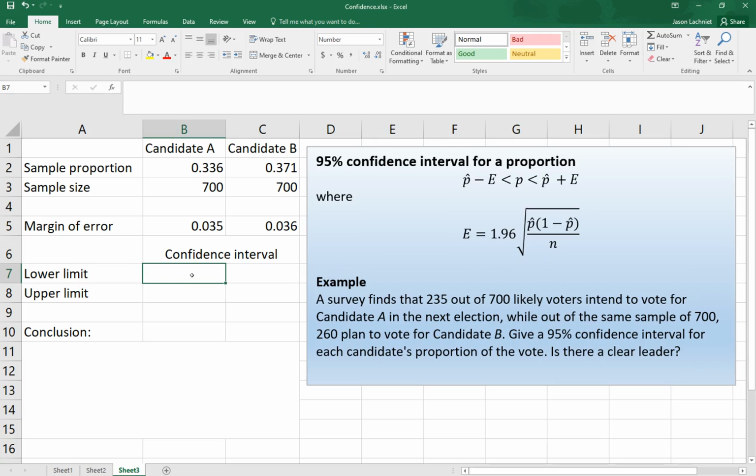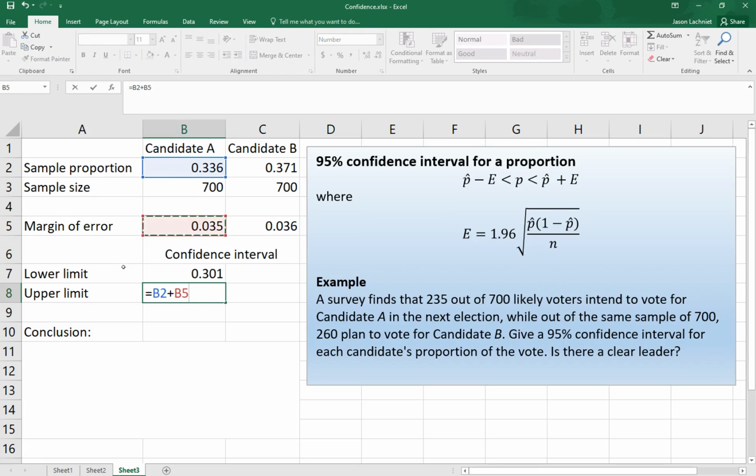Now we want to construct those actual confidence intervals for each candidate. The confidence interval is the sample proportion minus the margin of error up to the sample proportion plus the margin of error. For candidate A, the lower limit is going to be equal to that sample proportion 0.336 minus our calculated margin of error 0.035, and the upper limit is going to be that sample proportion plus that margin of error.